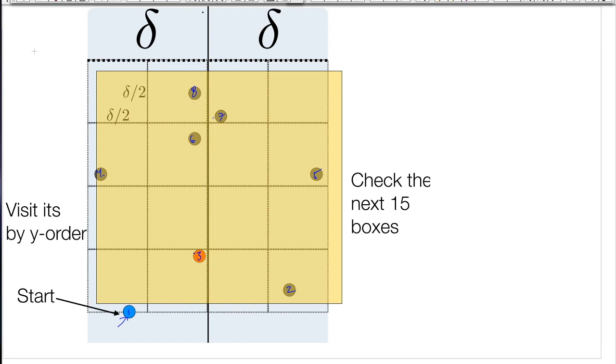The ones I check up here cannot possibly be Juliet's. Okay? But because we're going to use a very simple data structure, in particular a sorted array, all we're going to do is say we know that each bucket only has a point, and so the next 15 points have to be in 15 different buckets, and so it's good enough to just check the next 15 points.